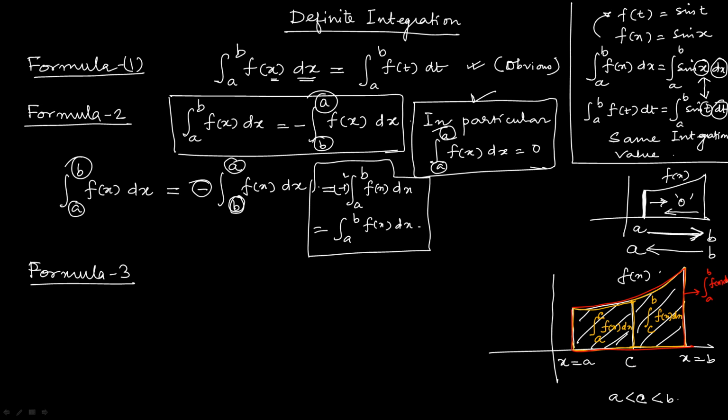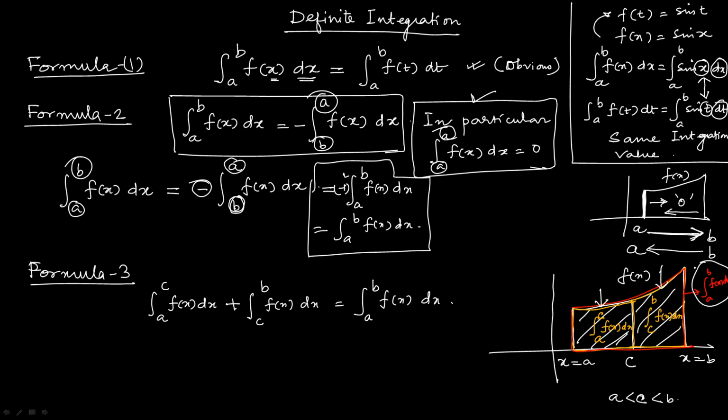So the integration a to c f(x) dx plus the integration c to b f(x) dx will obviously give us the integration a to b f(x) dx.